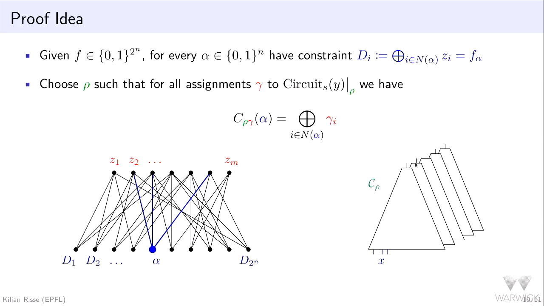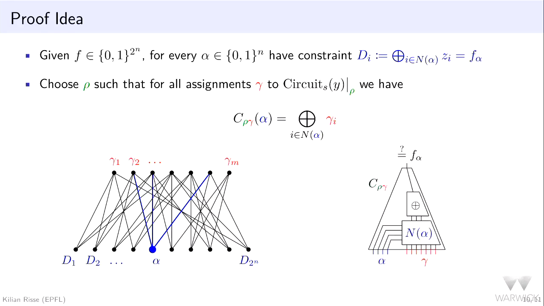And these circuits have the normal input x, but you also want to think of them as having an input gamma, which is the remaining assignment to this formula that makes it satisfying. So you can think of every circuit in this family as having two inputs, the x inputs and the gamma inputs. And this uniquely determines the circuit. Furthermore, we want such a circuit to have a very specific form.